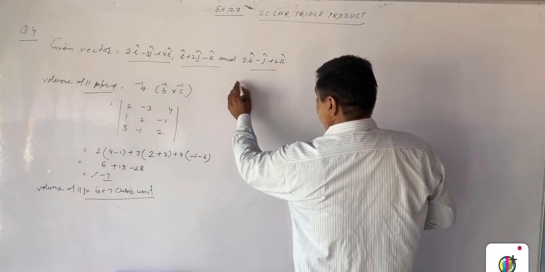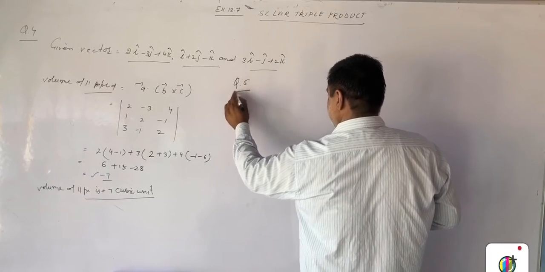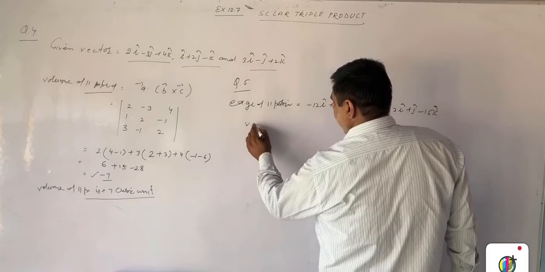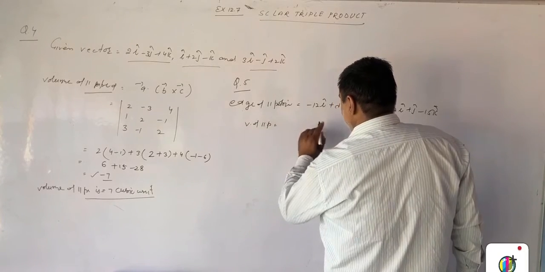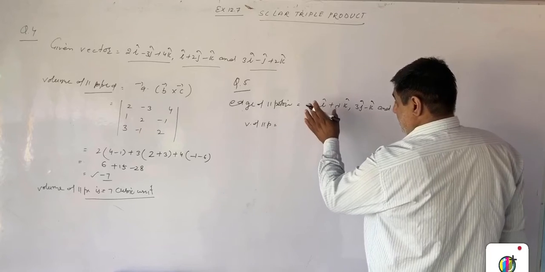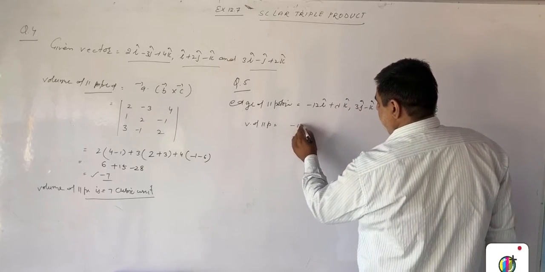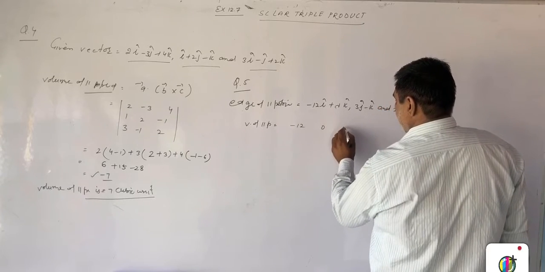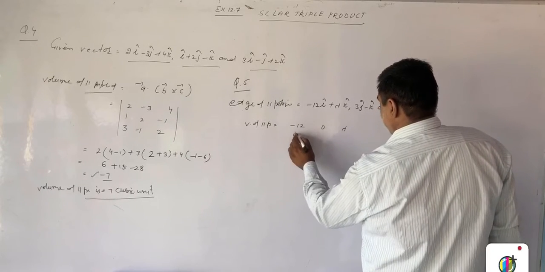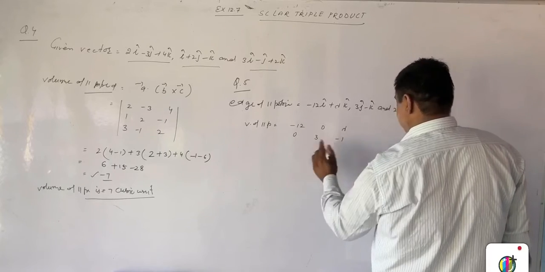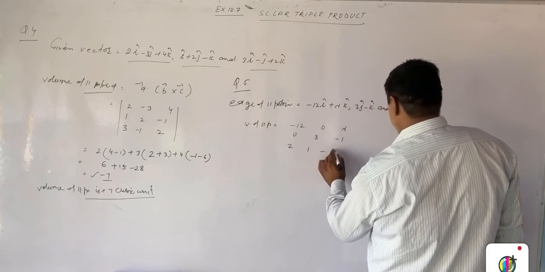Now in question number 5, we discuss this question. It says the volume of a parallelepiped is given, and we have to find the components of vectors A, B, C. Here the components are -12, 0, lambda, and this 0, 3, -1, and this 2, 1, -15.